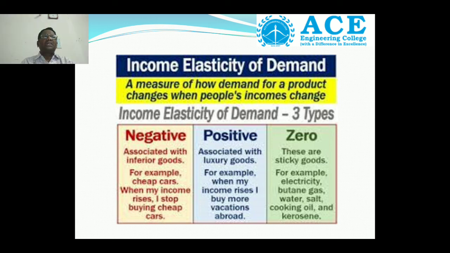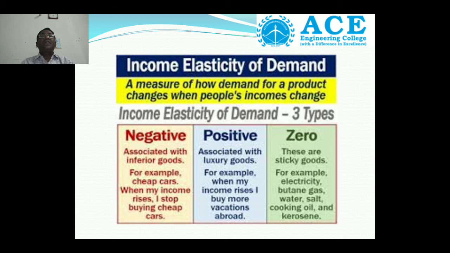Examples of zero income elasticity are electricity, butane gas, water, salt, cooking oil and kerosene. From the mid-examination point of view, for 1 mark or half marks, fill in the blanks and multiple choice, they ask the examples of zero income elasticity: electricity, butane gas, water, salt, cooking oil and kerosene.